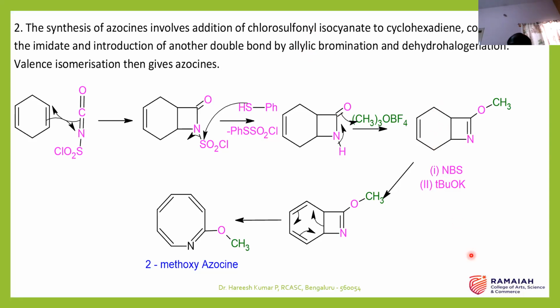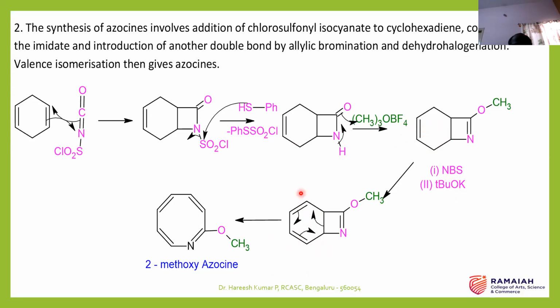Then afterwards, what will happen when it is treated with tertiary butoxide? There will be dehydrohalogenation, thereby forming a double bond. Overall, the obtained intermediate, when treated with NBS, is allylic brominated. When it is treated with tertiary butoxide, dehydrohalogenation forms an additional double bond, because already one double bond is there.